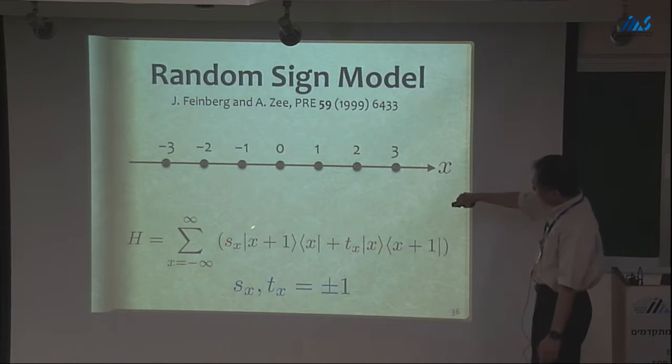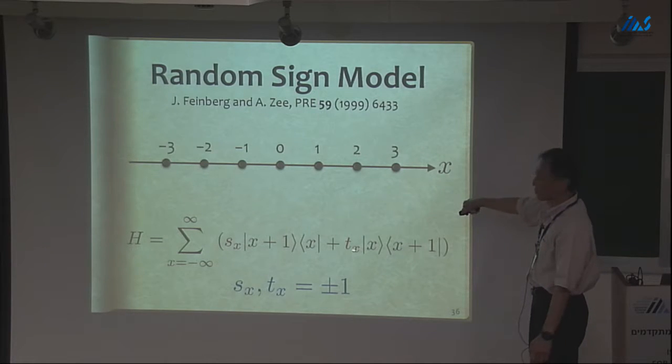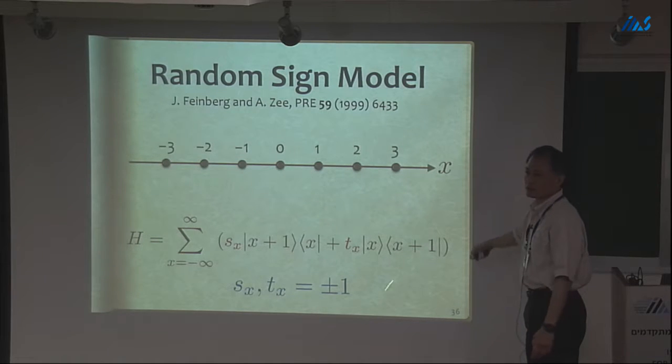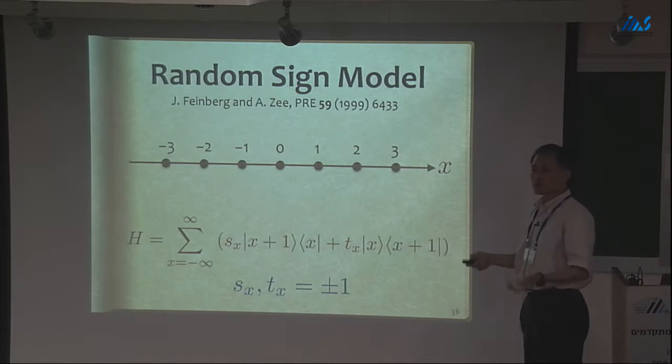Here this is plus or minus 1, and this is also plus or minus 1, but they are chosen independently randomly. So here it's random, but because they are independently chosen, this is non-Hermitian. So the spectrum is already complex at this stage.